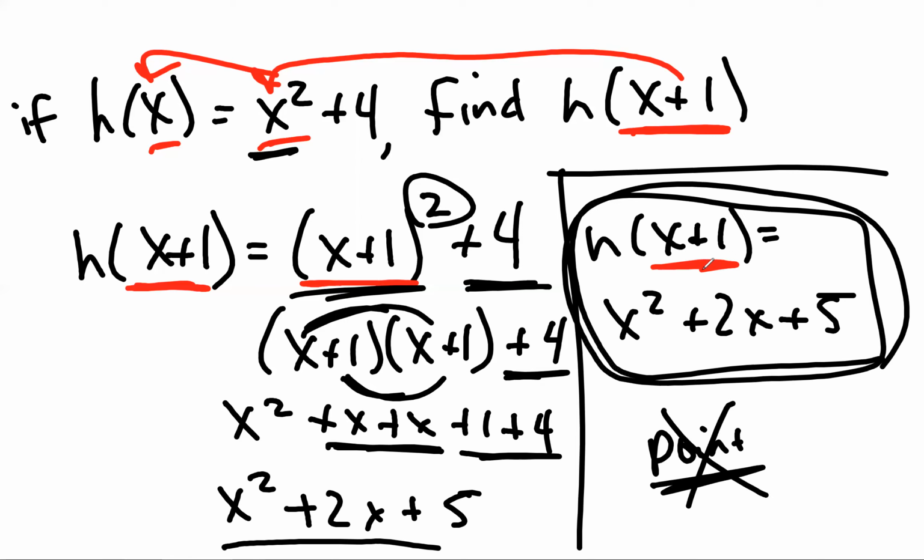Here's one more super duper important thing. If neither of these two rules apply, so that means if you have something that doesn't have a fraction with a variable in the bottom and there's no square root symbol, then there are no restrictions and the domain is all real numbers.